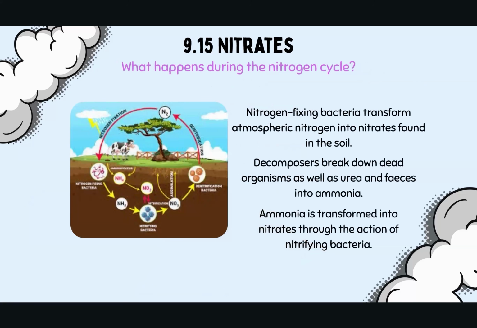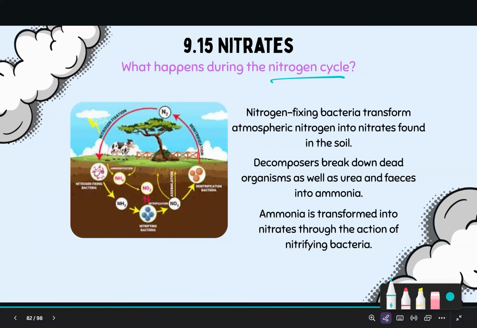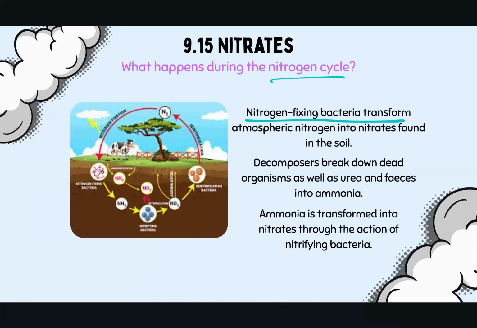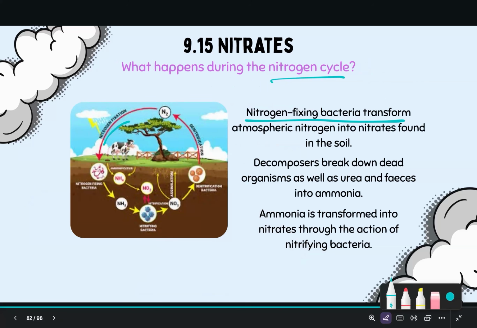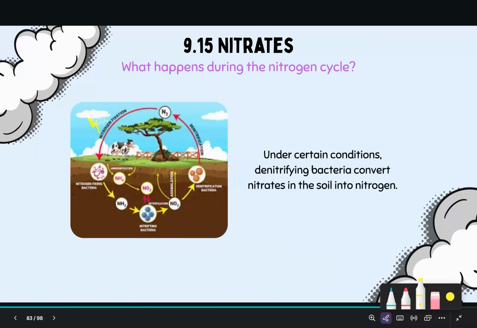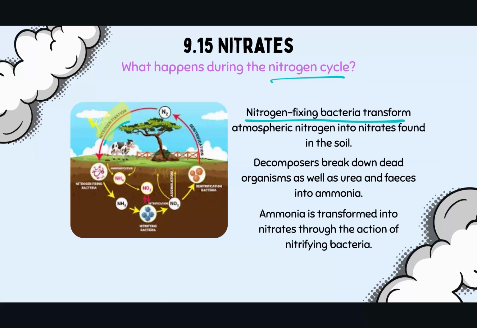Okay, nitrogen cycle. So what happens during the nitrogen cycle? Nitrogen fixing bacteria, so that's shown here. Let's use the highlighter, show it clearly. Just there. Nitrogen fixing bacteria transform atmospheric nitrogen, so that's N2.